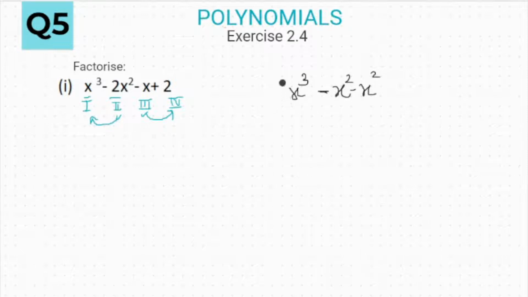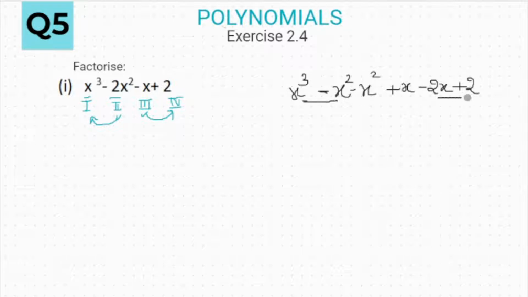Because we want the coefficient of the first two terms to be the same. Here 1, 1. Right. Now we can see the third term is minus x. So we again write the third term in the form of the fourth term. The fourth term is 2. We can write minus x as plus x minus 2x plus 2. Why do we write minus 2 here and not 2? Because we want the last two terms' coefficients the same, and the first two terms' coefficients the same.